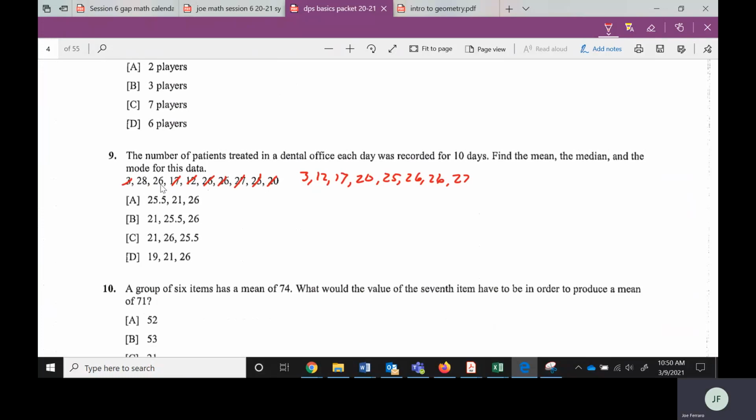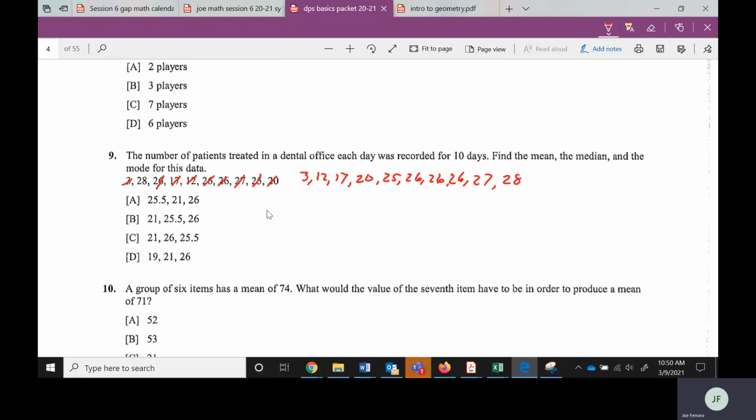Oh, you know what? I missed one of the 26s, so let me go. There's 3 26s. Then the 27. So that's what I mean, but you gotta pay attention there. And then there's a 28. And then check 1, 2, 3, 4, 5, 6, 7, 8, 9, 10 there. 1, 2, 3, 4, 5, 6, 7, 8, 9, 10 there. So we have them in order.